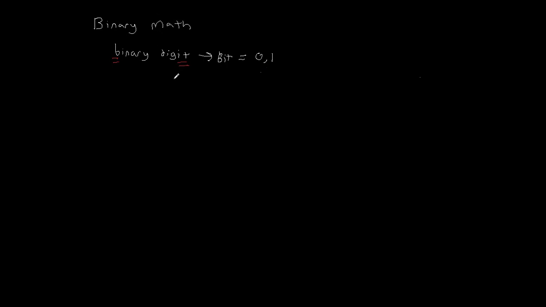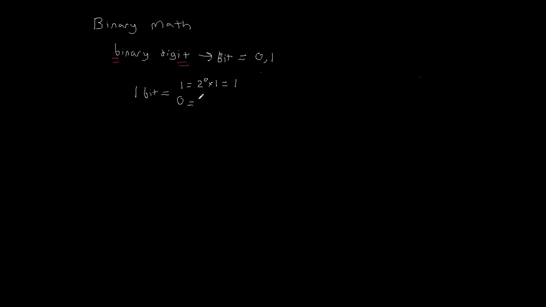So if we have 1-bit, that 1-bit can either be a 1 or a 0. With 1-bit, if it's 1, that's 2 to the power of 0 times 1, which is equal to 1.